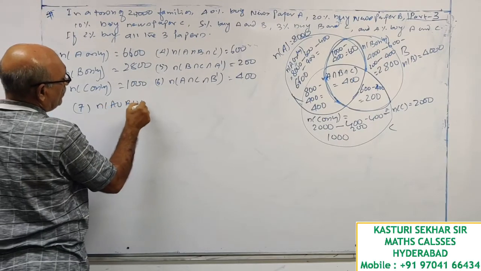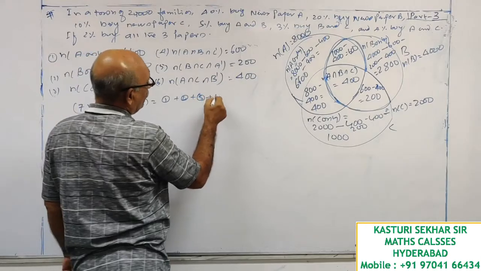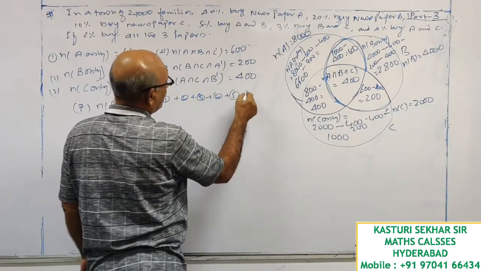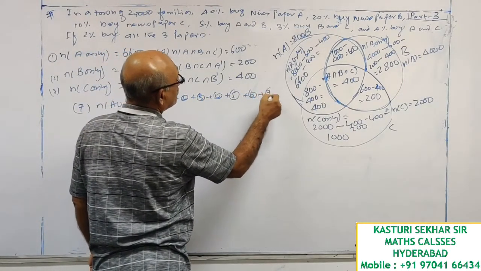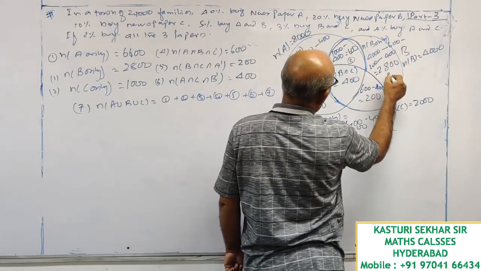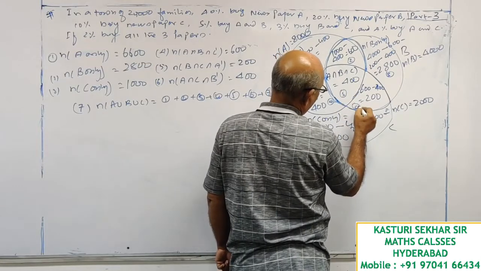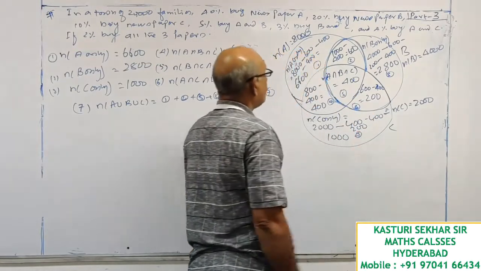A union B union C is 1 plus 2 plus 3 plus 4 plus 5 plus 6 plus 7.